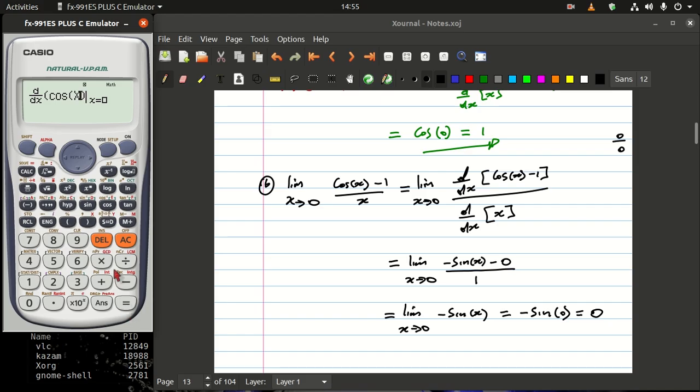I don't think this is going to actually do it. Yeah, it just wants a value. So here I'm just going to plug in that 0.